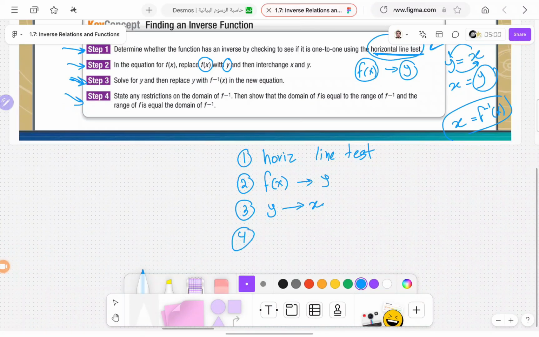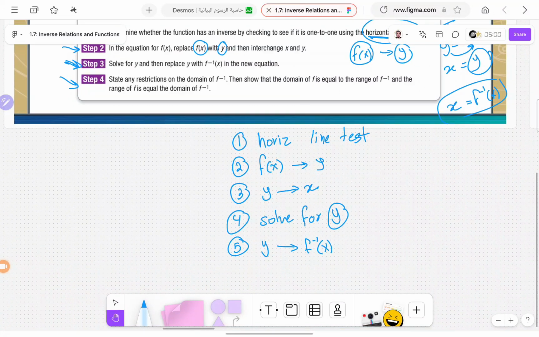Step 4, solve for y, meaning you need to isolate y. Number 5, after you find y equals something, switch y with what? With f to the power of -1 of x. So this is how you can find the inverse of the function.